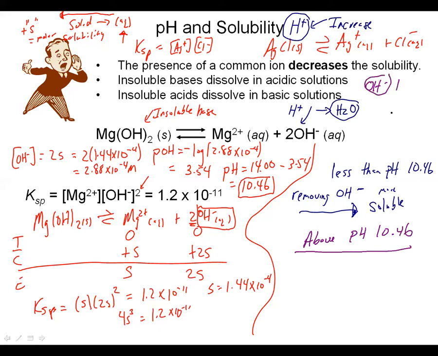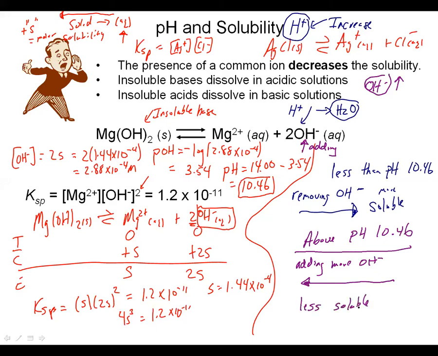So we should be increasing the OH minus concentration, and that means when we look at our equilibrium, it would be like adding more OH minus. That is going to cause the equilibrium to shift to the left, and it will become less soluble in that case.